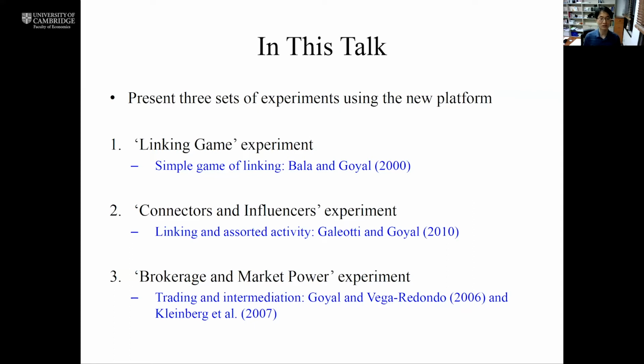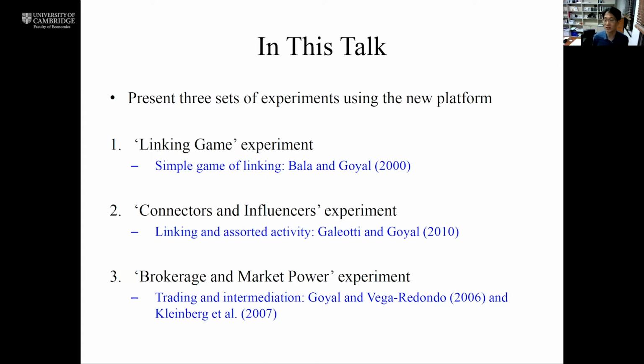The second experiment is the connectors and influencers experiment, which is a linking game experiment in addition with an associated activity. This activity has the features of provision of local public goods. And this experiment is based on the theoretical work by Galeotti and Goyal, 2010, in the American Economic Review.